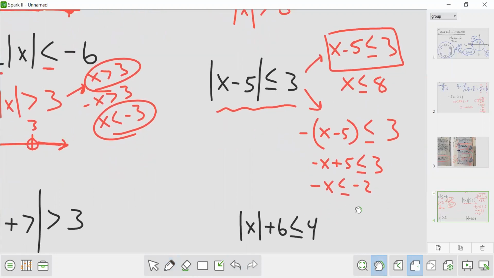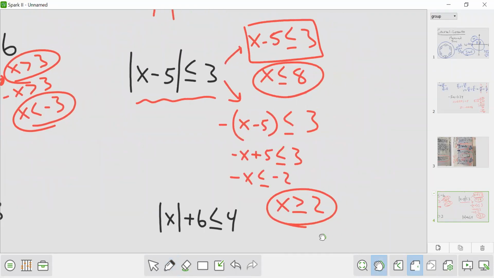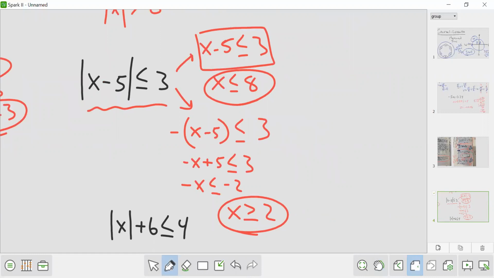And so now I have x is greater than or equal to a positive 2. And so here's the two things I have to graph. So if I graph them, here's what I end up with.